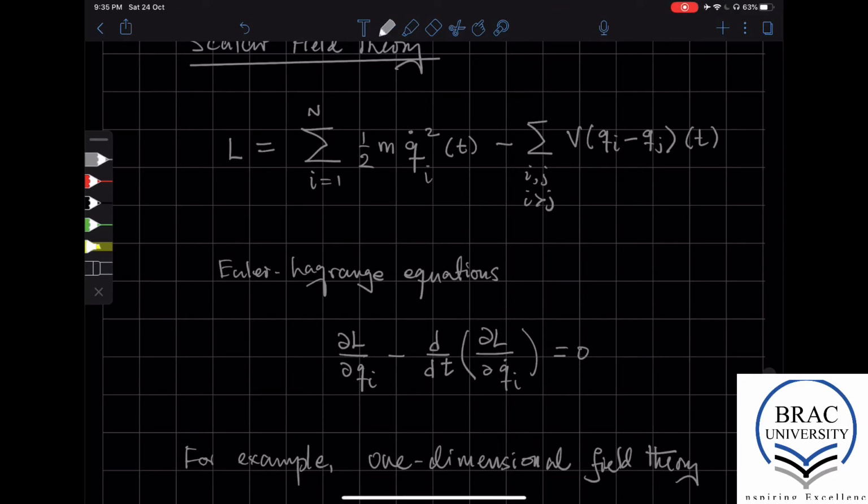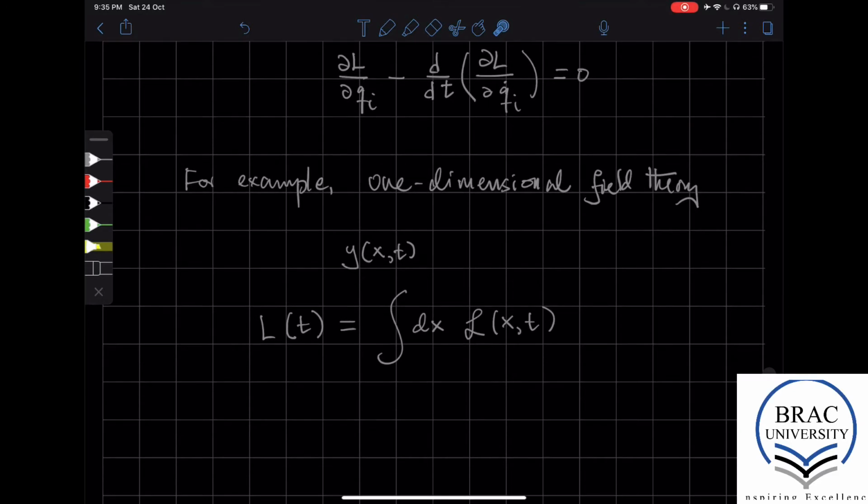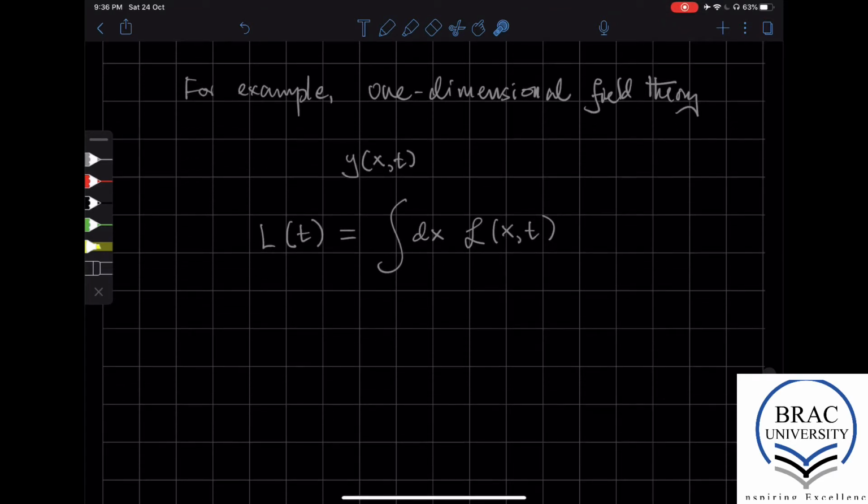There was a sum over all the different particles. Here, that sum is replaced by an integral over x. So every point on the string can be thought of as an individual particle, and these particles are interacting with the neighboring particles. So this is the Lagrangian.